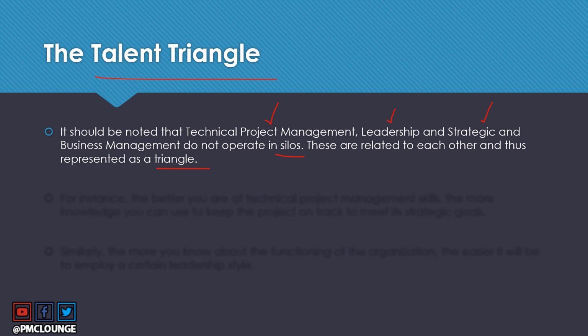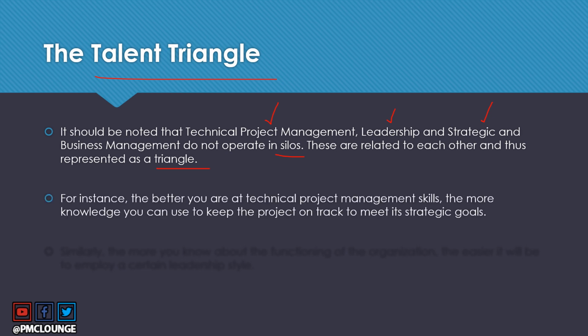So how are these related? Let's take a look at a couple of examples. The better you are at technical project management skills, the more knowledge you can use to keep the project on track to meet its strategic goals, to follow the schedule of the project, to make sure that timelines are followed, to make sure that the scope is managed properly, right?